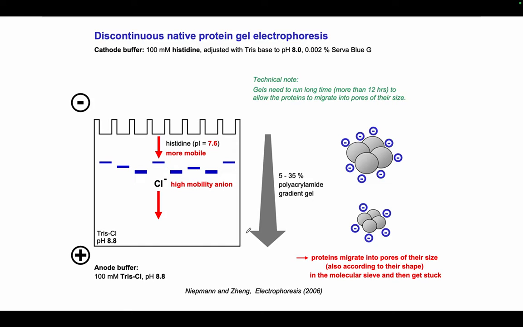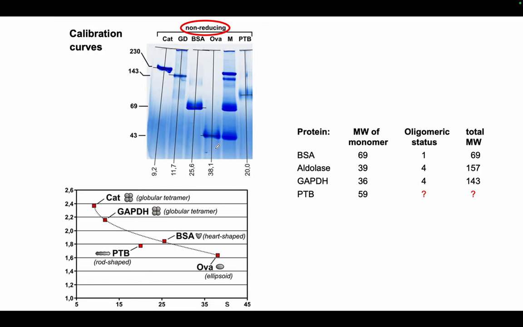But if you want to separate a large range of molecules, what we can actually do is cast a gradient gel. Okay? Which means it has a low percentage here and a high percentage here. So that way molecules of many different sizes can be separated. Okay? And just an example of what this kind of gel can look like.